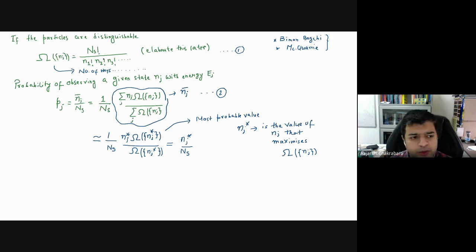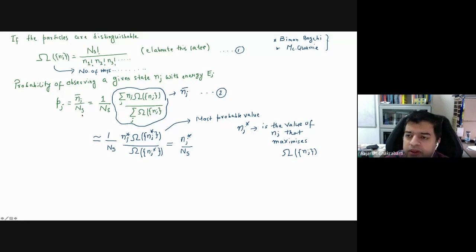And I told you that the collection of nj within the second curly bracket is actually the distribution. So if I ask the question, what is the probability of observing a given state j with energy Ej, it has to be equal to this.